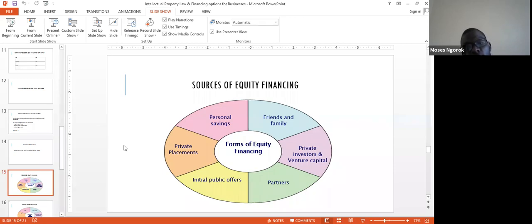Next thing is you could consider approaching private investors and venture capitalists. Private investors are people that have a lot of money. We call them high net worth individuals. These are people that have quite a bit of money in their accounts, and they would like to invest it.